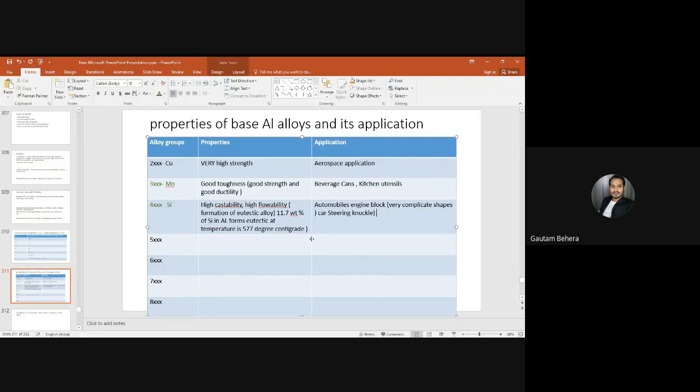And aluminum silicon is nowadays also used in electronics. If you look into any other properties, as I told, there is decreased contraction upon solidification.